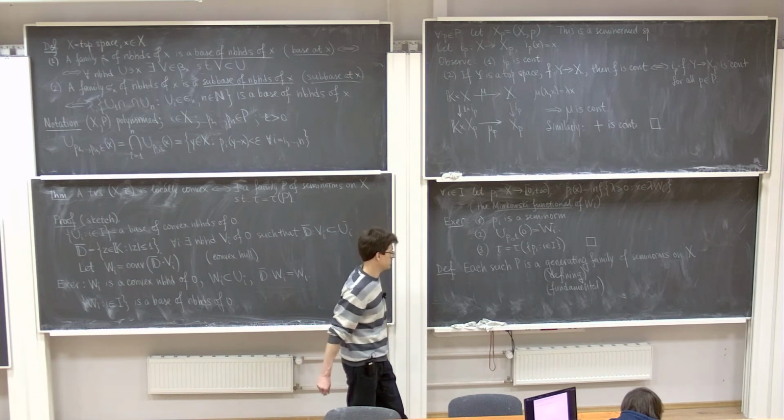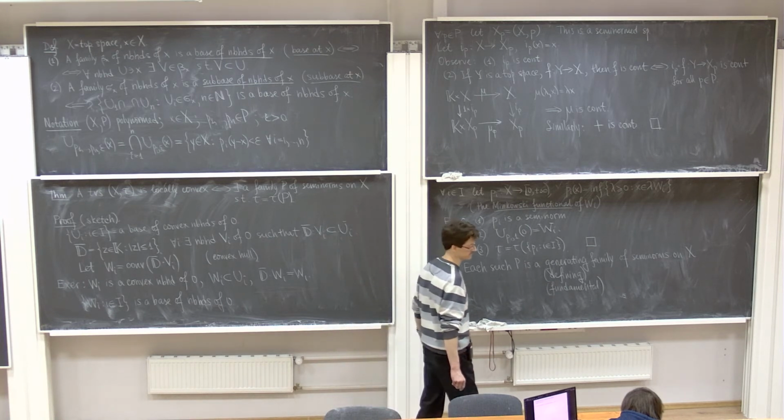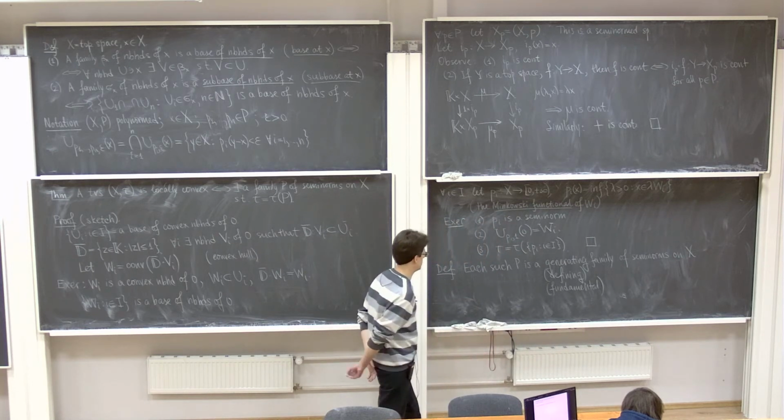It is not unique. For example, we can multiply each seminorm by 2. And in general, we get a new family which generates the same topology.